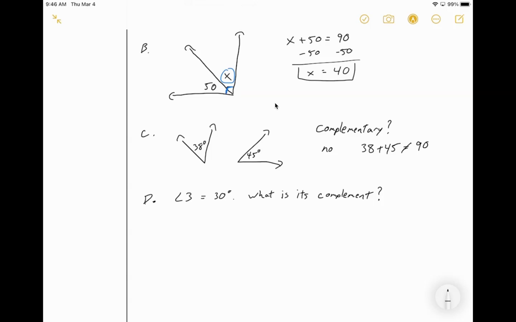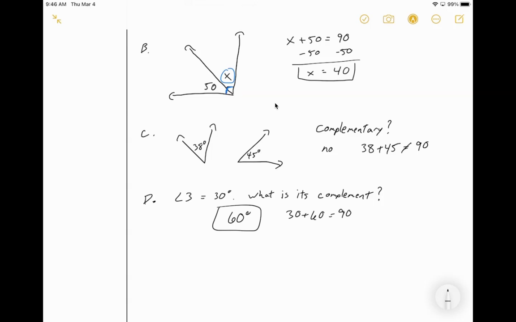Well, remember, complementary or complement means adds up to 90 degrees. So if this one's 30, then the other angle has to be 60, because 30 plus 60 equals 90. Does that make sense?